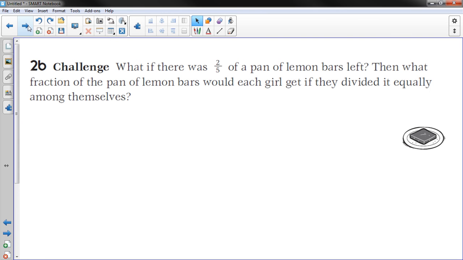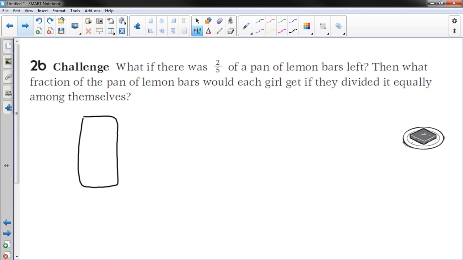2B. Challenge. What if there was 2/5 of a pan of lemon bars left? Then what fraction of the pan of lemon bars would each girl get if they divided it equally among themselves? So 2/5. Now I got to break this up into fifths. That's a little trickier for me.